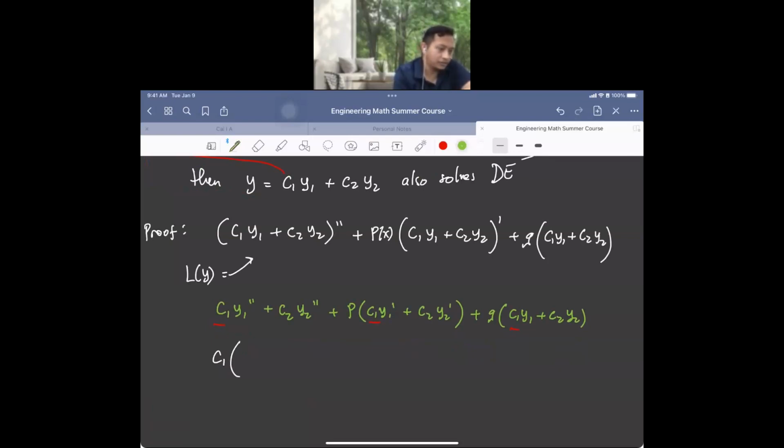So C1 times Y1 double prime plus P Y1 prime plus Q Y1, and then plus C2 times Y2 double prime plus P Y2 prime plus Q Y2.